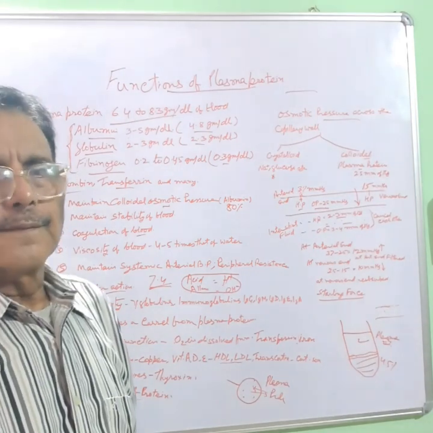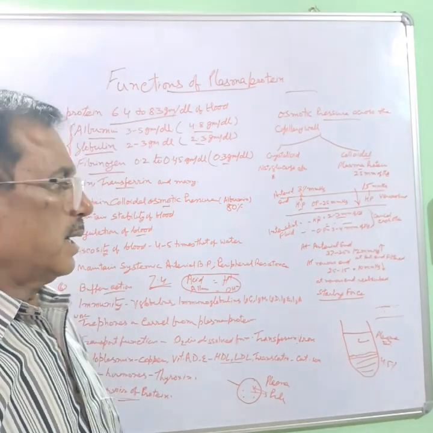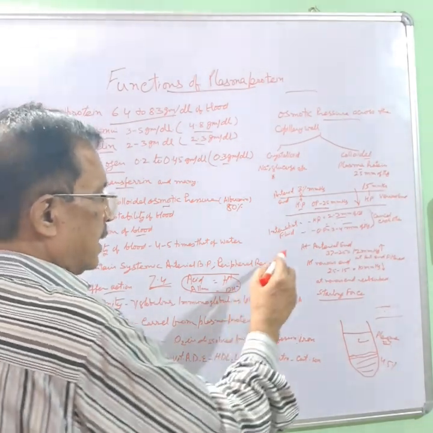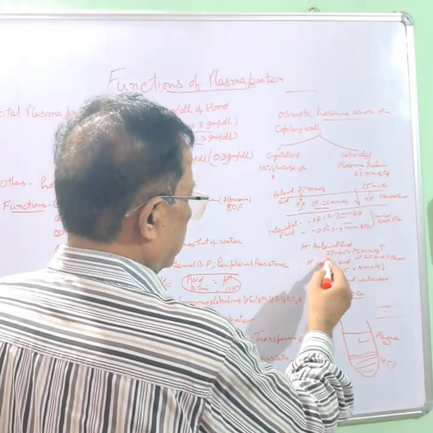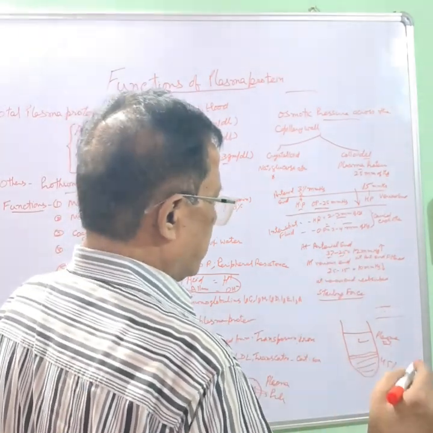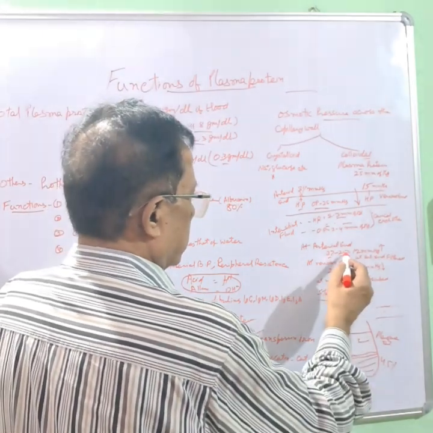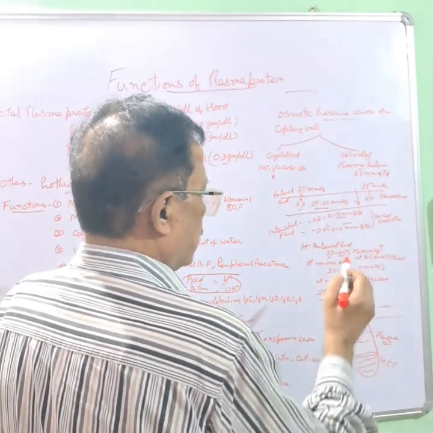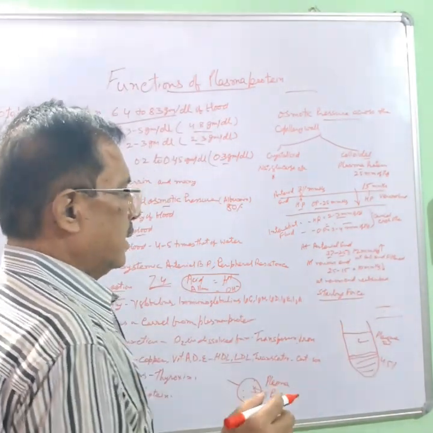So the main forces at the arterial end are hydrostatic pressure of 37 and osmotic pressure of 25 millimeters of mercury, a net of 12 millimeters of mercury.